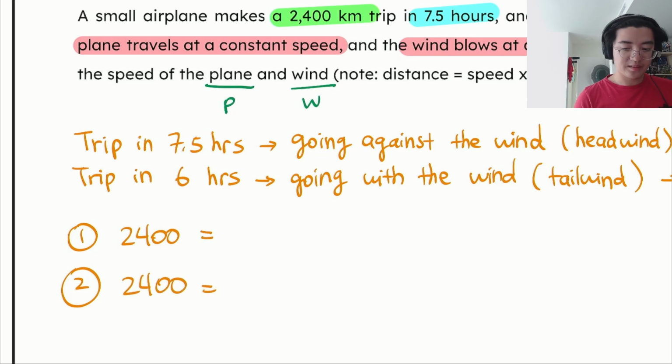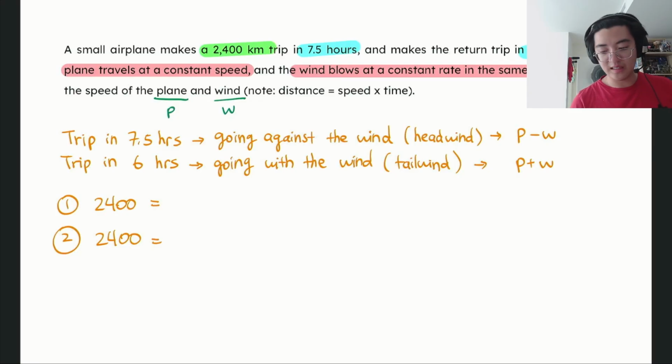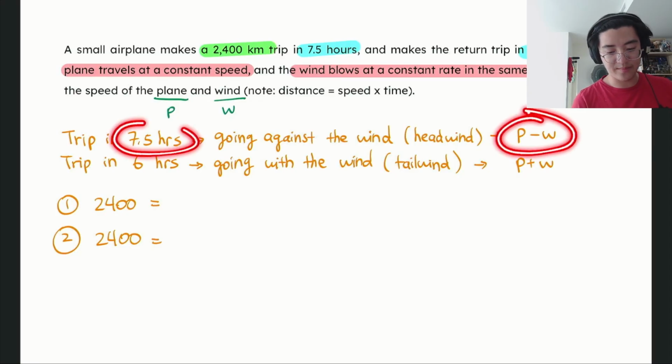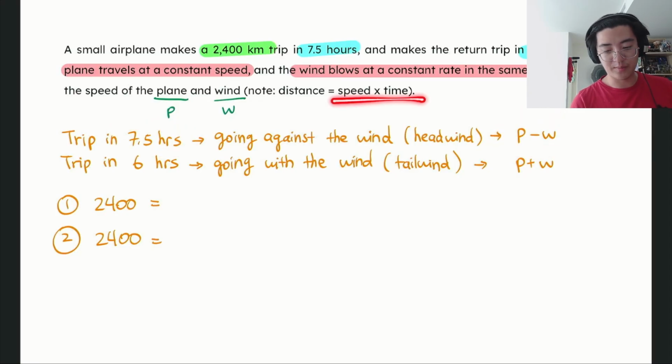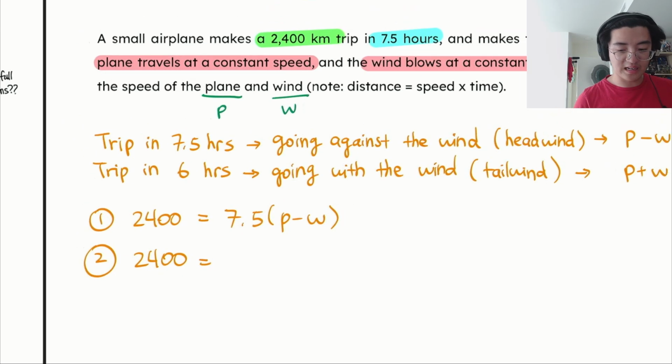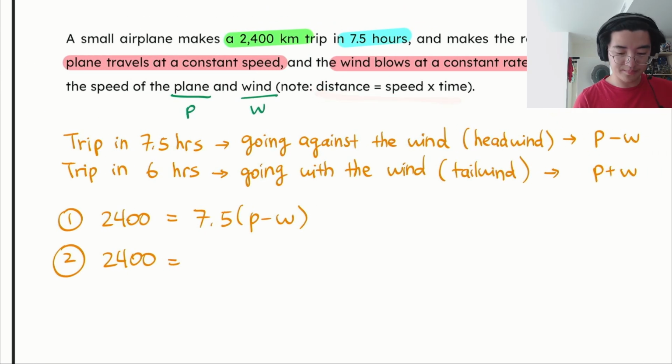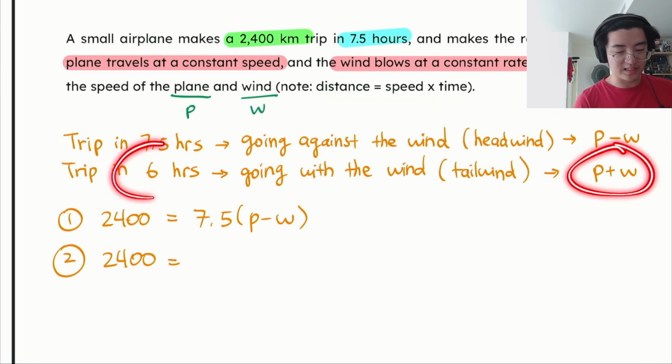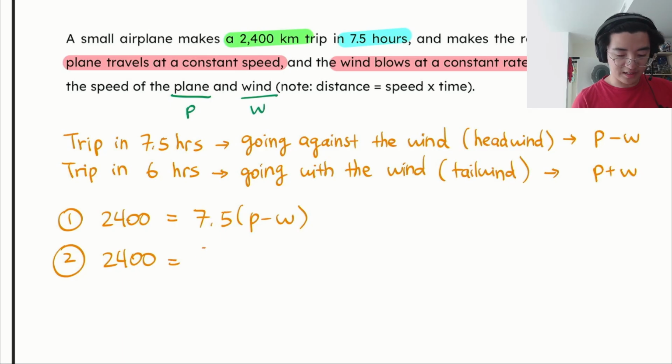In the first case, the speed is p minus w, and the time is 7.5, and we multiply together. In the second one, once again, distance is speed times time. The speed is p plus w, the time is 6. I'm just writing the time first, so it's easy to look at with polynomials.